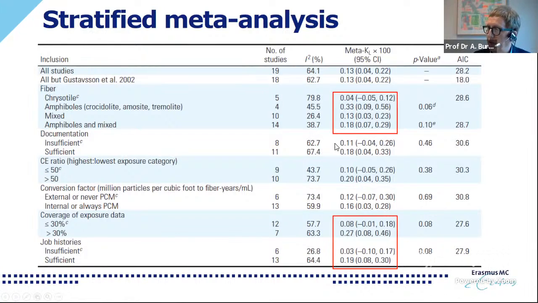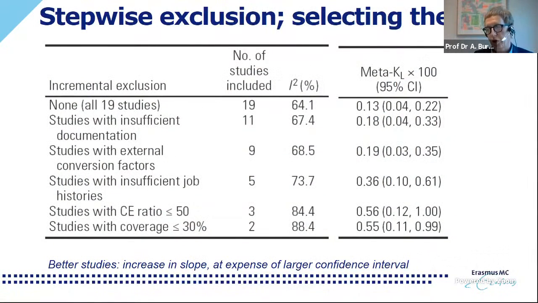We see a little bit the same pattern if you have sufficient documentation of the measurements. If the cumulative exposure ratio is high, then you find a steeper exposure response relationship.